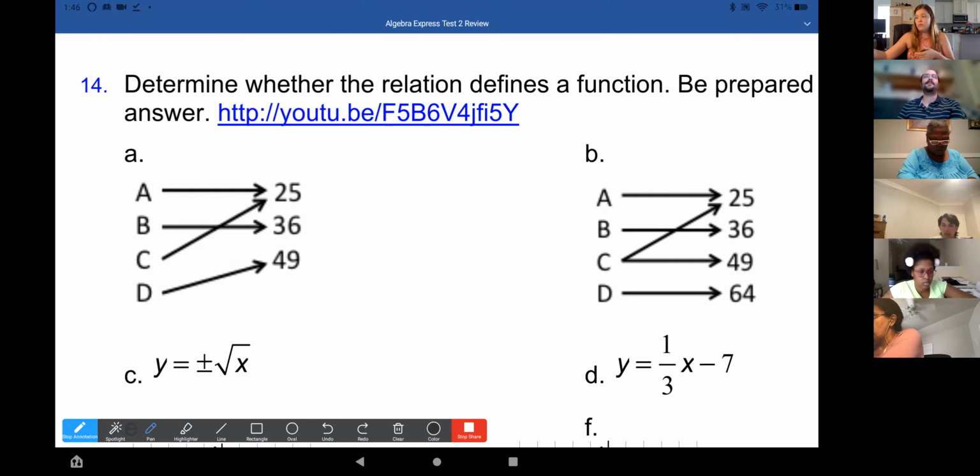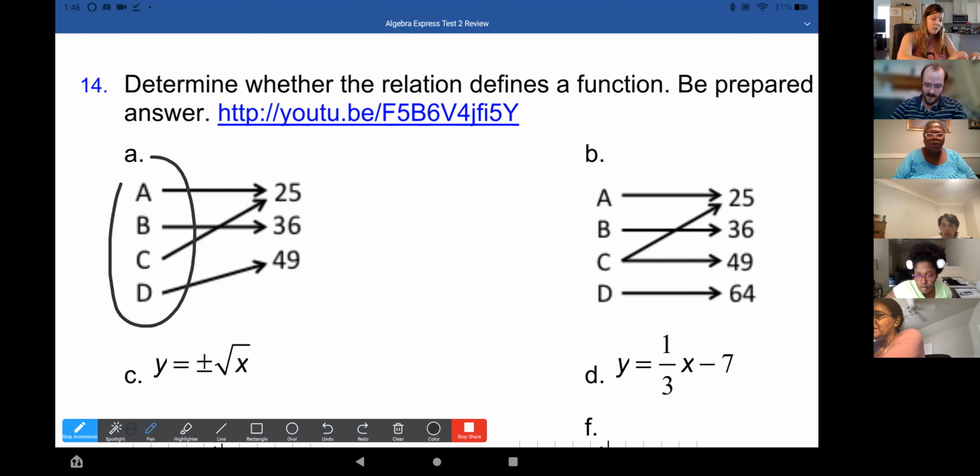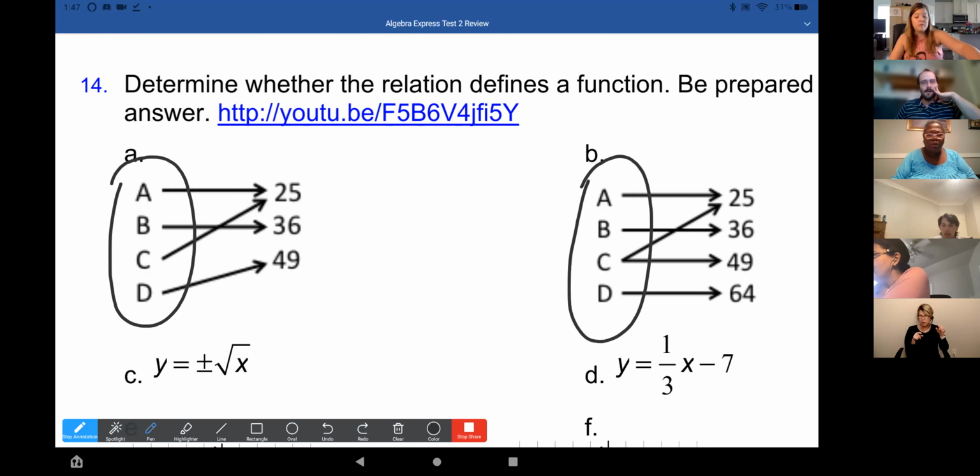Maybe think of the Coke machine example: if this says Coke, and this would also be Coke, it would be like having two buttons with the same soda. I would look here and look here. Do any of these get repeated in part A? No. What about in part B?